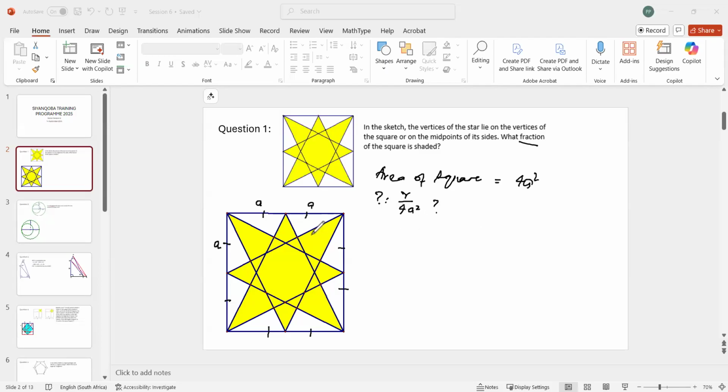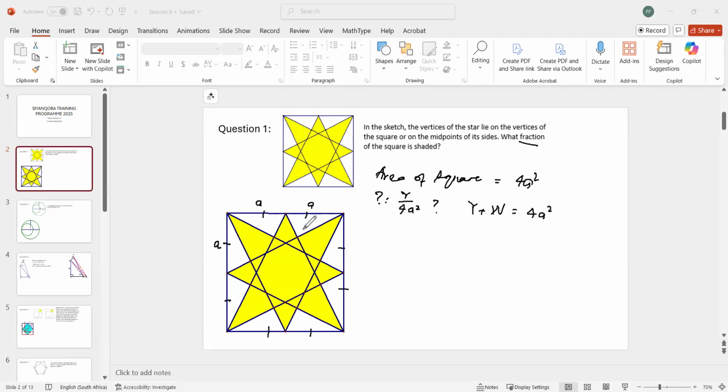Okay, the yellow part plus the white part gives you the whole area. So to get the yellow part, I need to work out the white part.